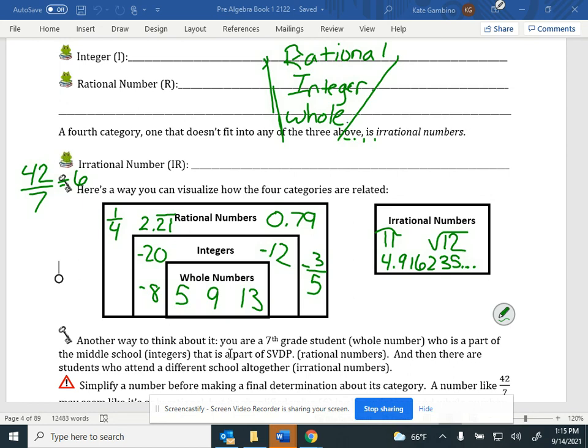It's all three of these. So that 6 is there. The 42/7 would be here. If it is a 1/4 up here, 1/4 isn't going to be able to narrow it down. So 1/4 would just be a rational number. But that 42/7, that's actually a 6, is a rational number. It's an integer and it's a whole number. It's slid all the way down, so it's all three of them.